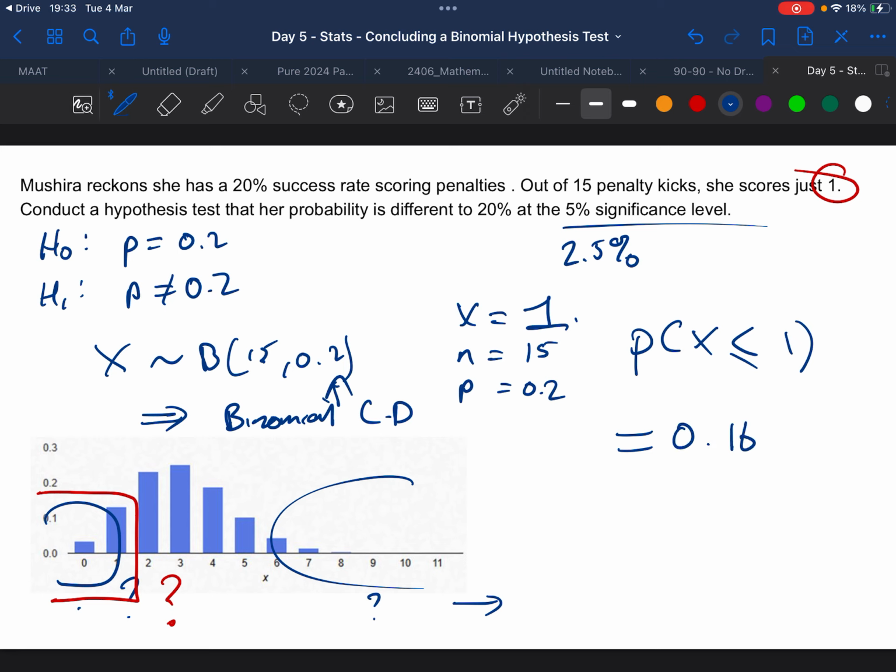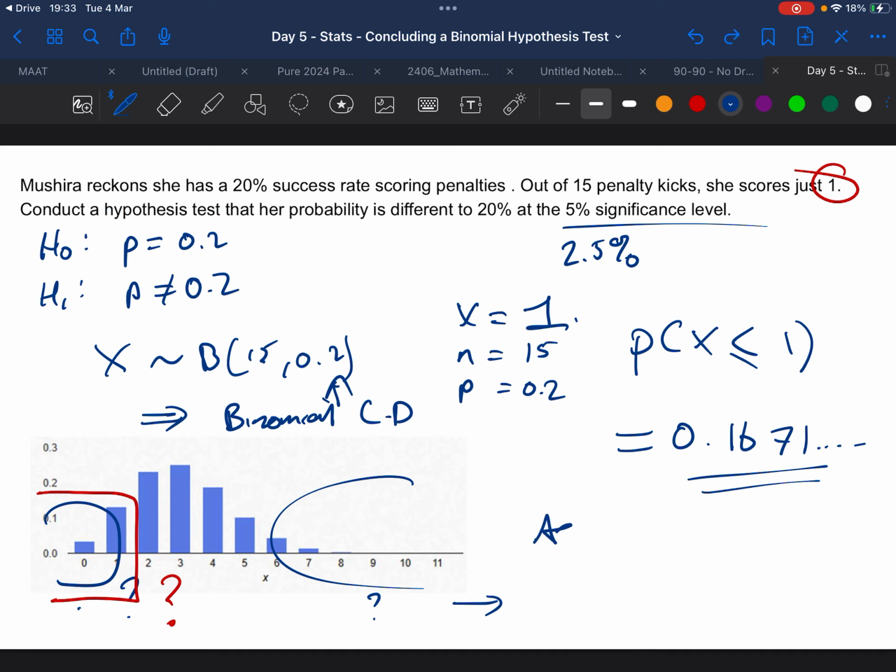It's 0.1671, to four decimal places. In other words, if Mashira scores 20% of her kicks, if that's correct, getting 1 or less still happens almost 17% of the time. It's not a special result. It is not going to cause us to change our mind from the default.